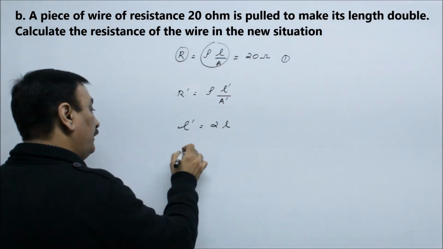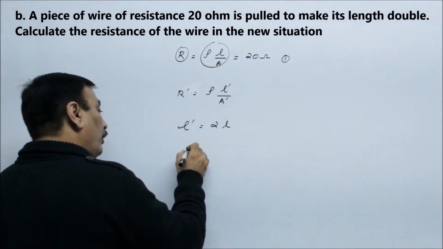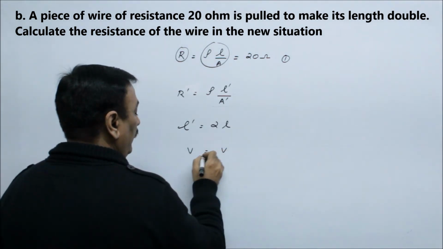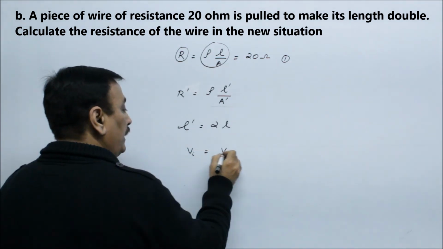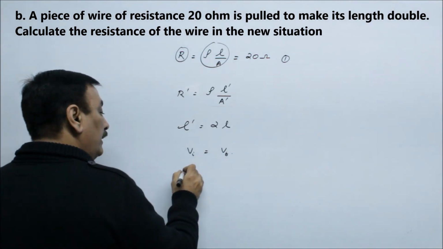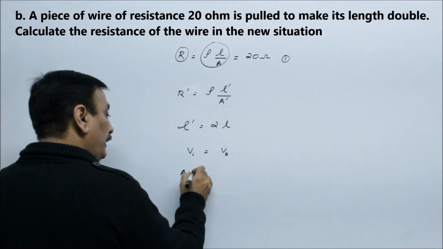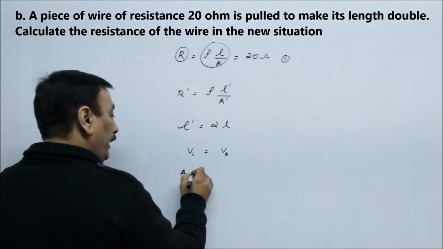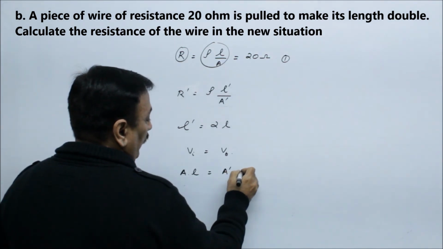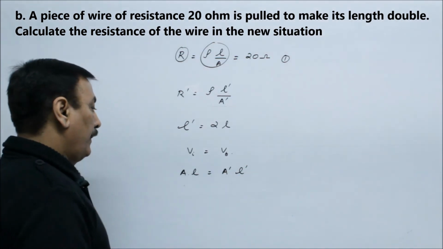Now volume initial is equal to volume final. So we can write area of cross section initial times length initial is equal to area final times length final.